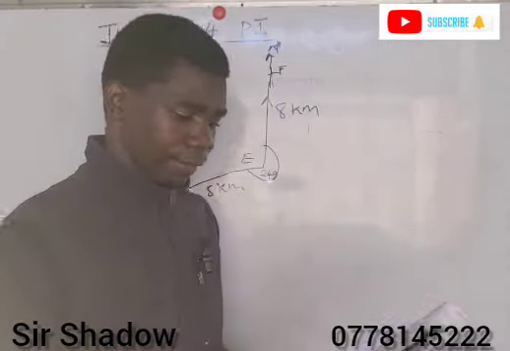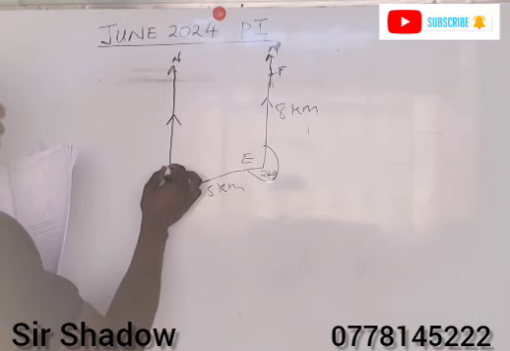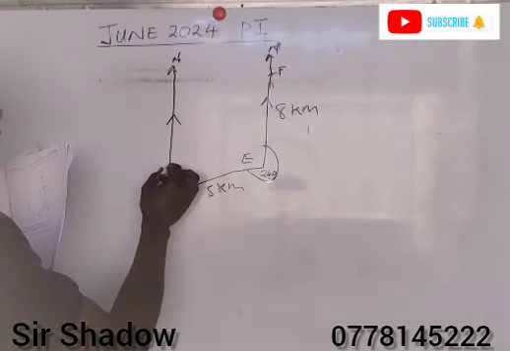Find the compass bearing of school E from G. From G. The question said from G. We have to take a north at G, and we run until we reach the line from E.